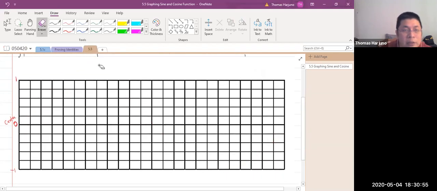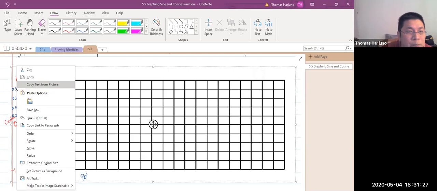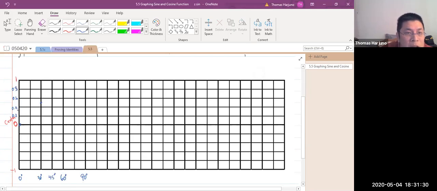Let's plot this first. If this is 0 degrees, this is 30 degrees, 45 degrees, 60 degrees, 90 degrees, then it will be 0, 1/2, because you see that there are 5 ticks here to get 1. So this is 0.2, 0.4, 0.6, 0.8 if I draw it to scale.